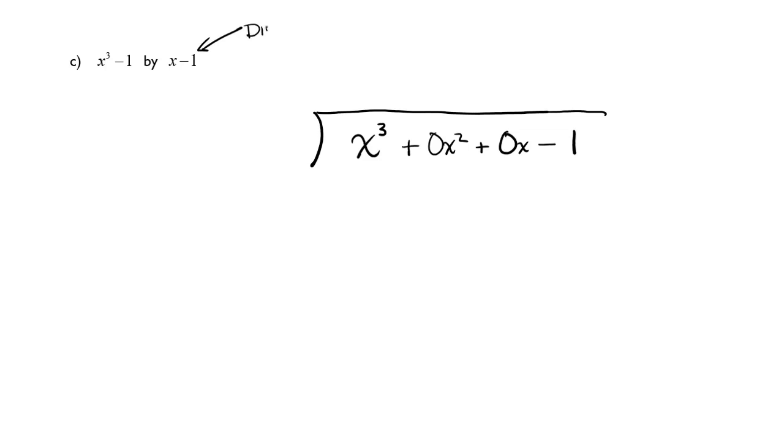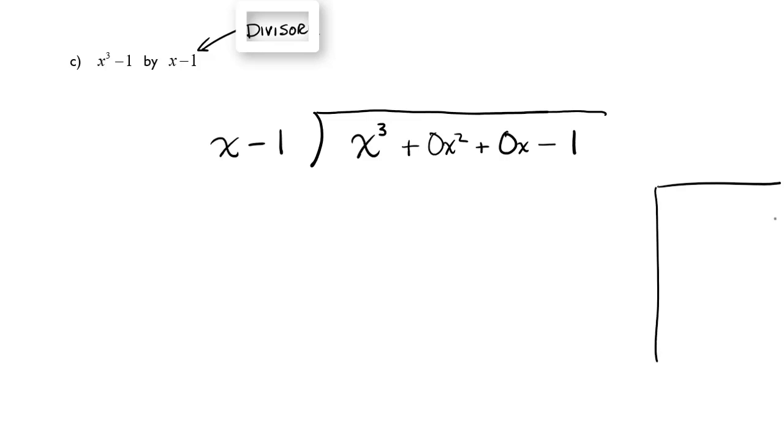Our divisor is x minus 1. Over here on the side, we'll do our scratch work. Take the first term of the dividend, divide it by the first term of the divisor. That gives me an x squared. Put it in the quotient.